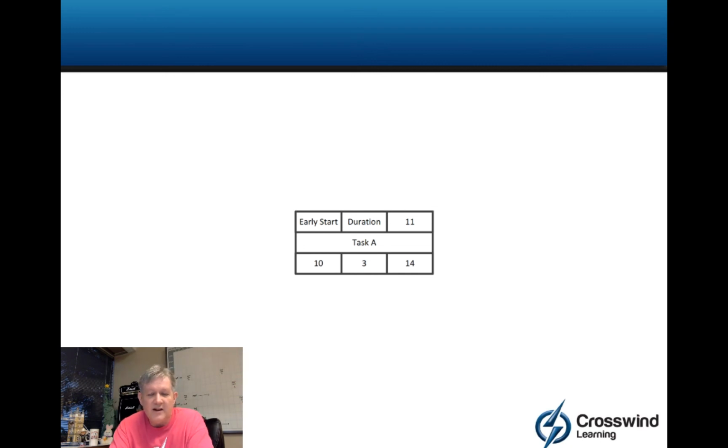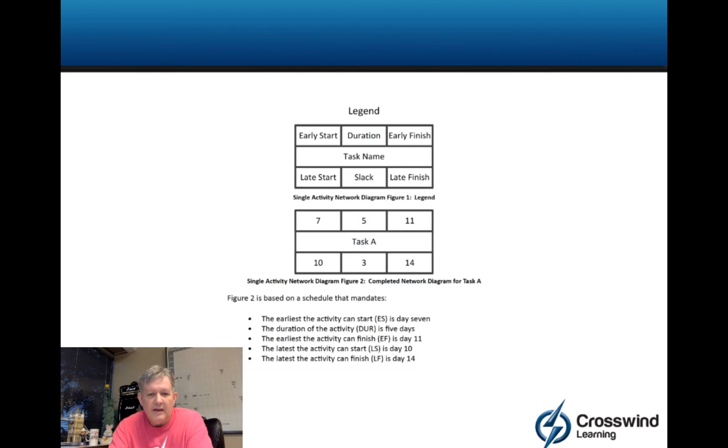Now what about the early start? So here, if I know I have a difference of 3 on the right, I know I'm going to have a difference of 3 on the left. So, 7 from 10 is 3. So early start looks like a good 7. Now you see here again, this is what we just talked through, so feel free to pause this for a minute.